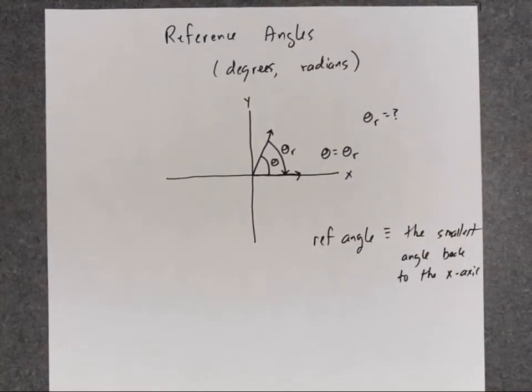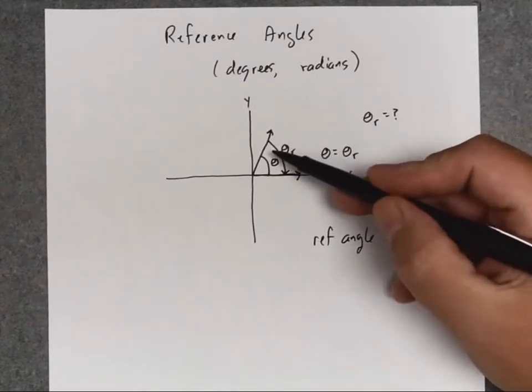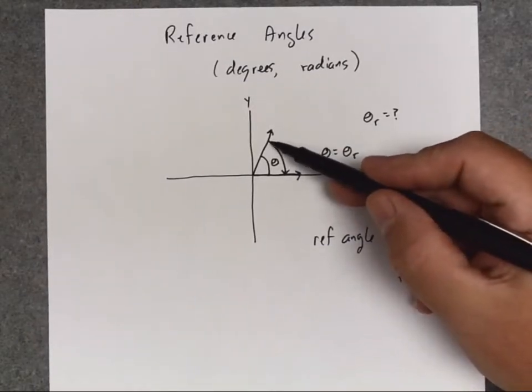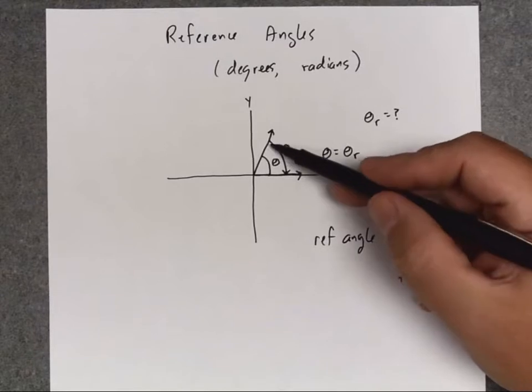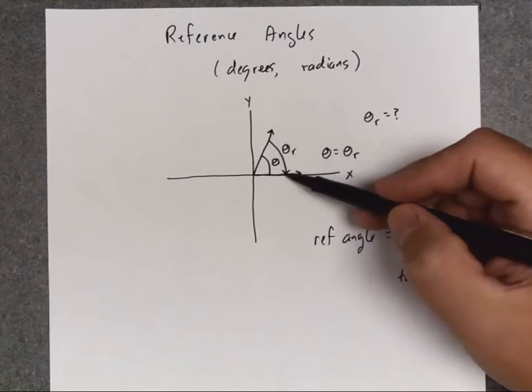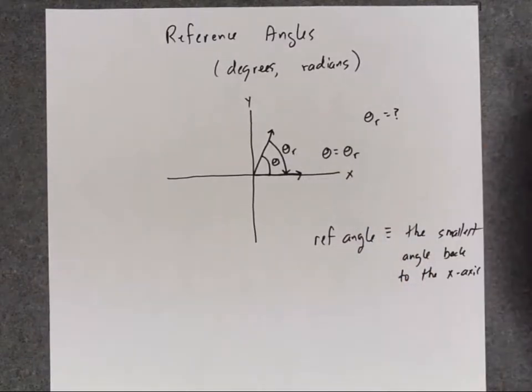Now let me say right now, reference angles are always positive. You don't have a negative reference angle. So even though when I drew this picture, I drew my angle almost like with a negative arrow, reference angles are always positive. You're just looking for the shortest, quickest way back to the x-axis.